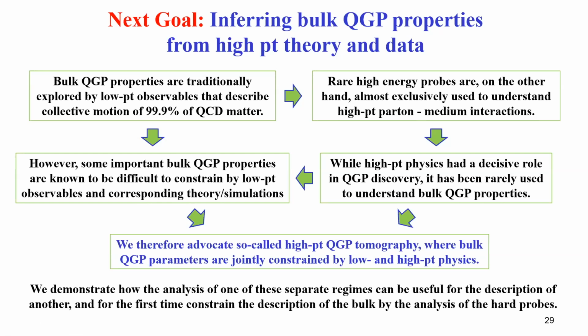So we here advocate so-called high pT QGP tomography, where bulk QGP parameters are jointly constrained by both low and high pT physics. That is, we will demonstrate how the analysis of one of these separate regimes can be useful for the description of another, and for the first time constrain the description of the bulk by the analysis of high pT probes.